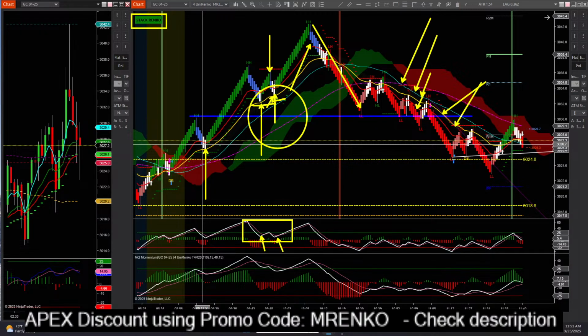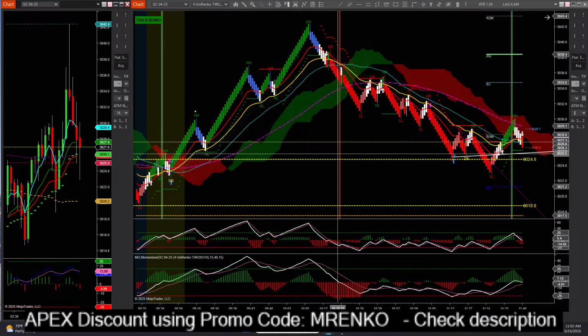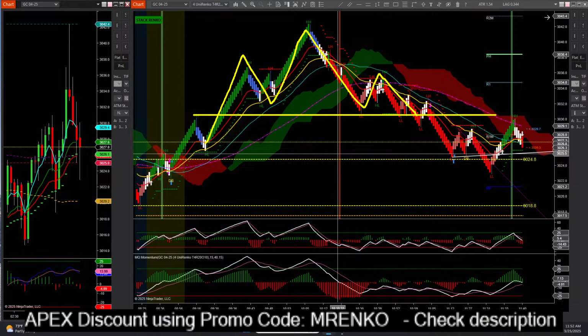The 34 EMA is this yellow line right there. You can see that there is a pivot right there, and a very nice head and shoulders formed. It's a little bit congested, so let me take it out. I'm going to repeat that a little bit. You have that line there, and this one creates a nice head and shoulders.